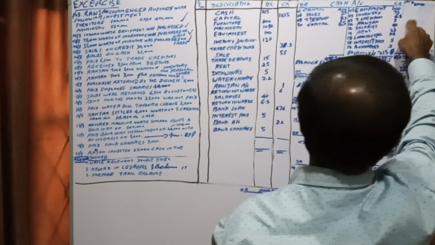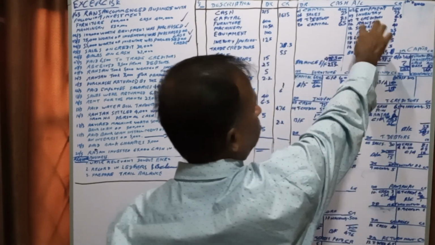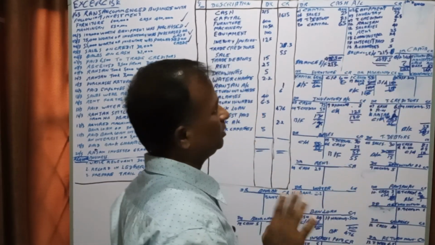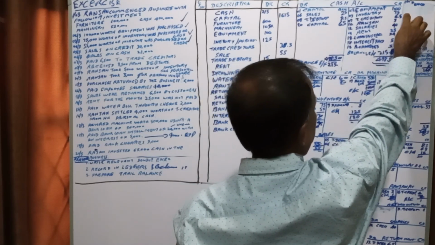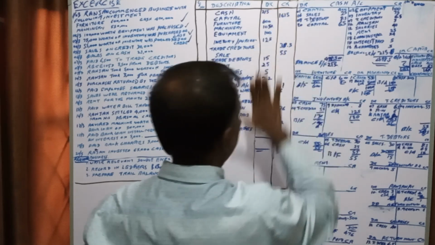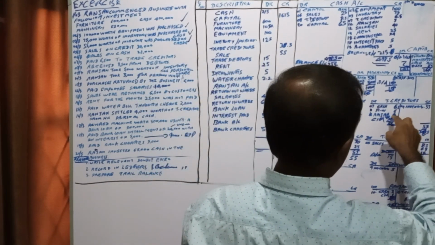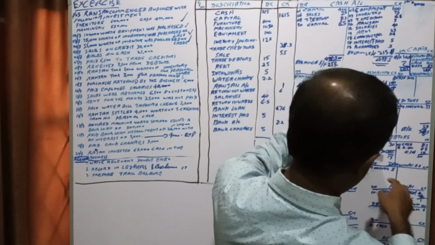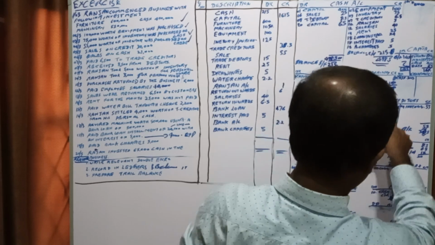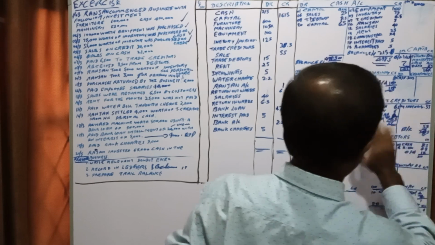When you are posting double entry, both entries should be equal. If you put 6,000 here and 6,500 there, then the trial balance will not balance. Here also Ranjan account, number 16, 4,000 in the account. It should be like that.